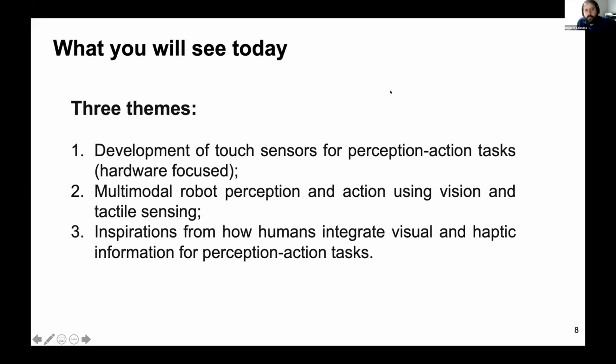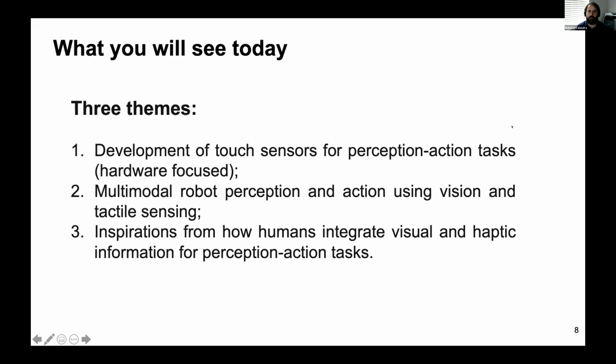I think that some of the speakers already hinted at this quite explicitly. There are two aspects of touch that I think are interesting. One aspect is, of course, the perceptual side, determining properties of objects, trying to understand the world better.